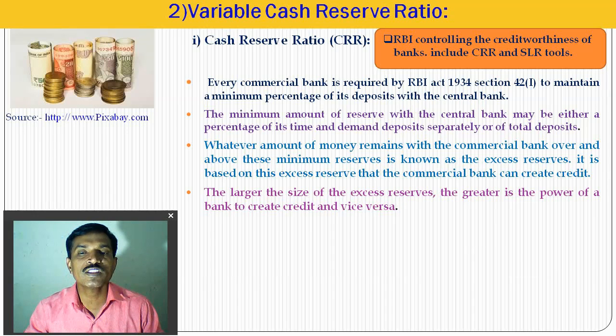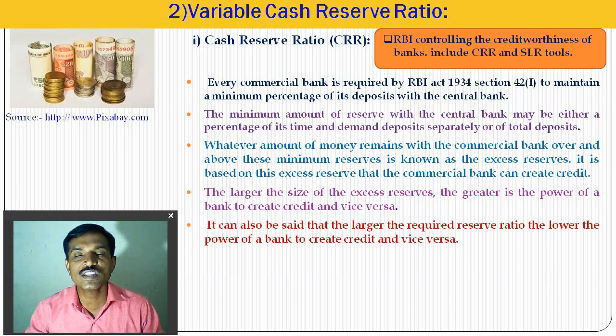So to reduce this excess reserve during inflation, the central bank increases the CRR. Increasing the CRR means reducing the cash amount available for distributing loans, and a reduced amount means loans are distributed at a lower level, and lower loan distribution means lower multiple credit creation.